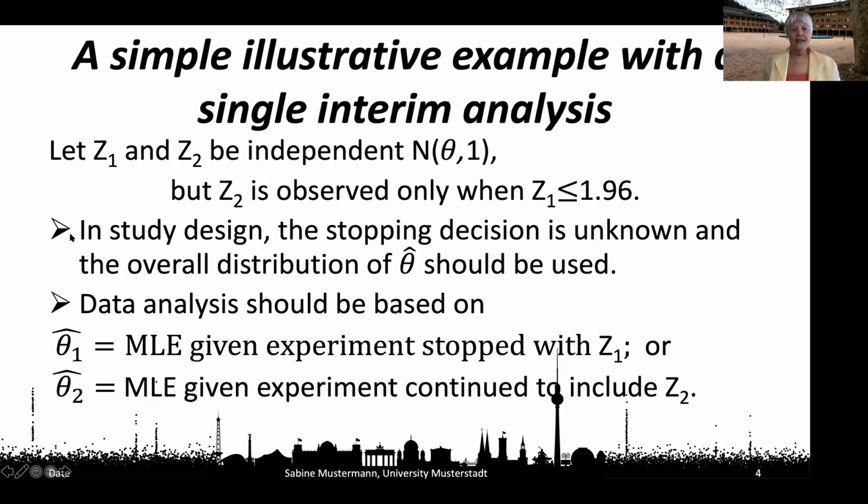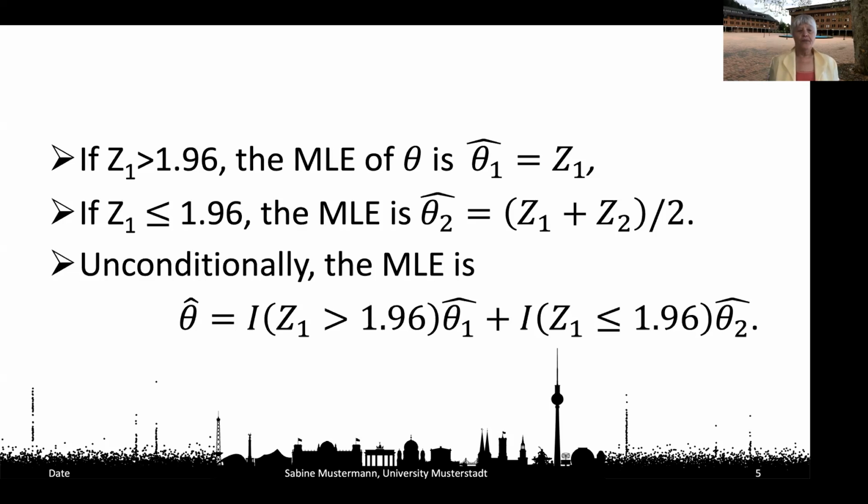Now, in a study design, before you know anything, our thesis is that because the stopping decision is unknown, the overall distribution of theta hat, considering both stopping possibilities, should be used in planning. And when you finish, data analysis should then be performed based on which experiment you actually did run. So if Z1 is greater than 1.96, the maximum likelihood in this little example is theta hat 1.